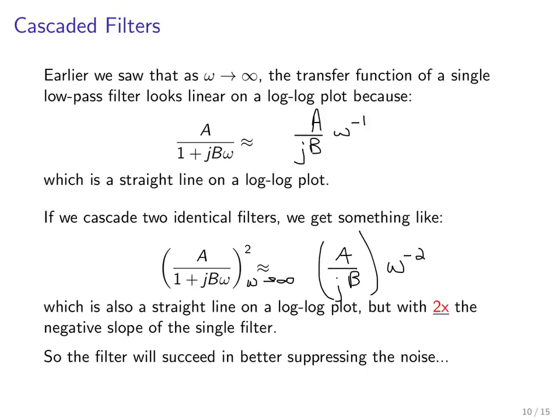So we have 1 over omega squared, and when we take the log of this, we get a minus 2 in front instead of a minus 1 as with a single filter. So it's also a straight line on a log-log plot, but with twice the negative slope of a single filter. So this filter, we can rest assured, will indeed succeed in better suppressing the noise.